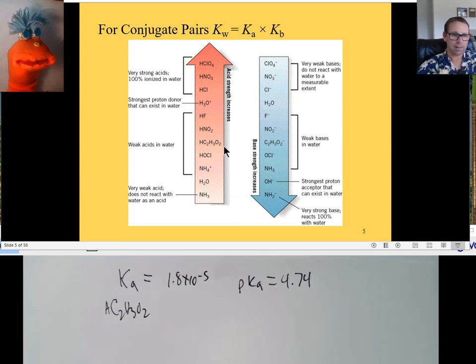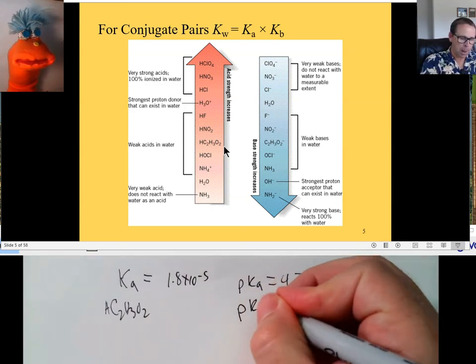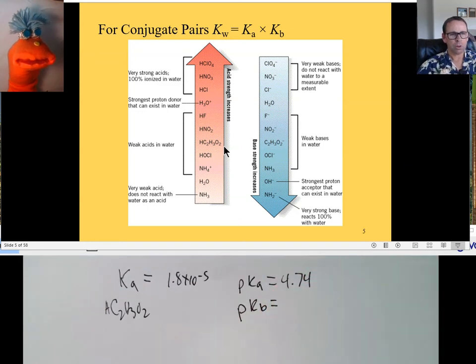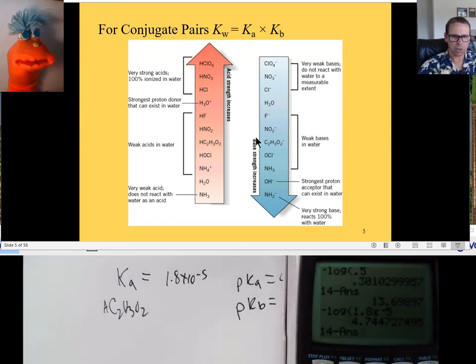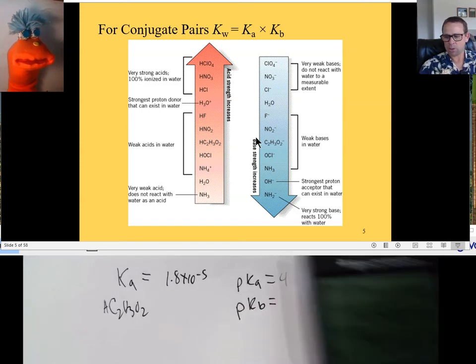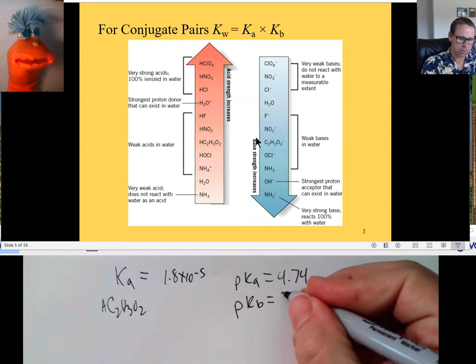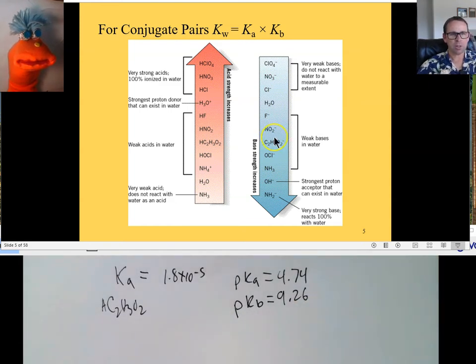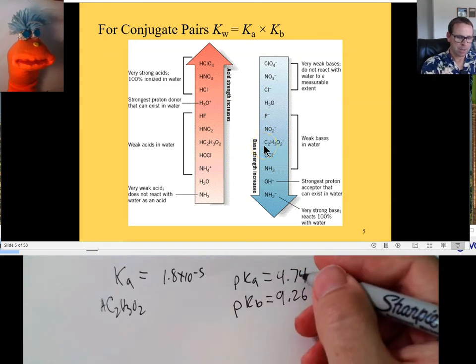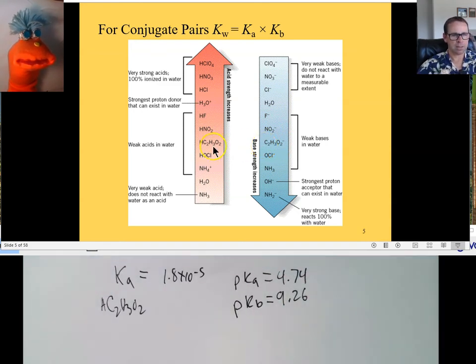That means that the pKb for the acetate ion, its conjugate base pair, is 14 minus that value there. 14 minus that value, 9.26. This is the pKb for the acetate ion. This is the pKa for acetic acid.